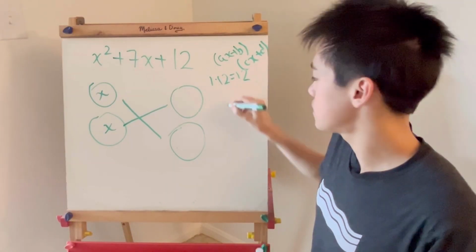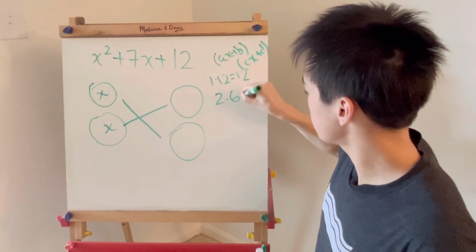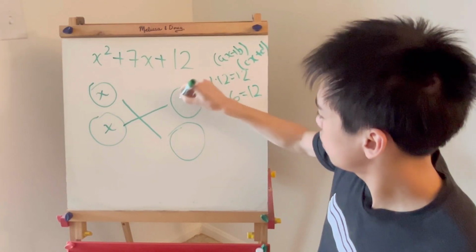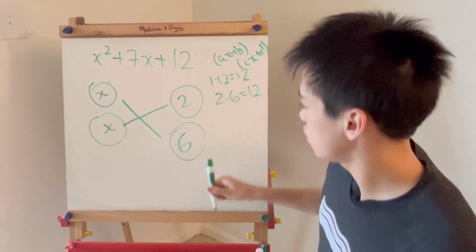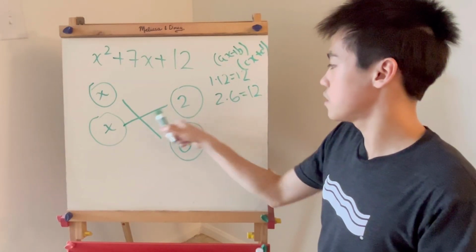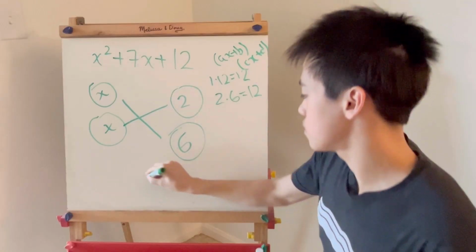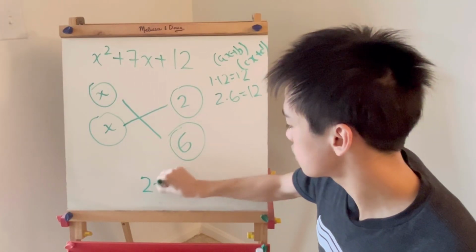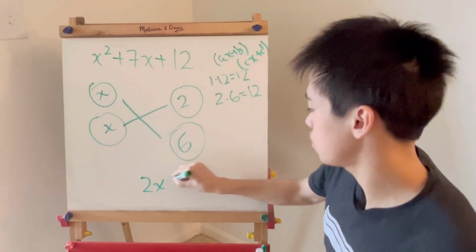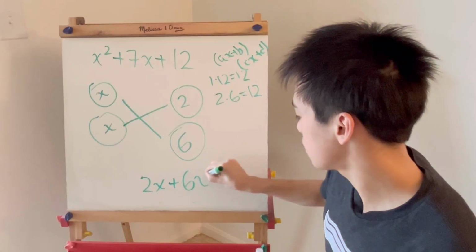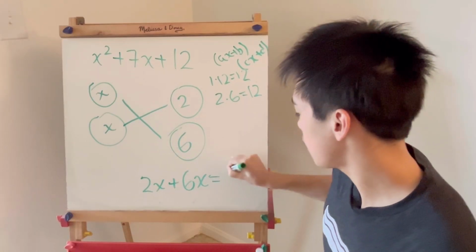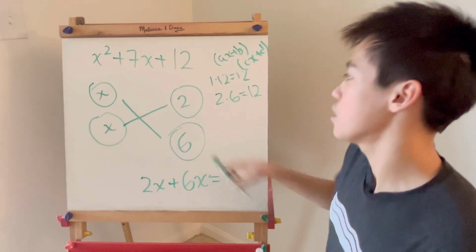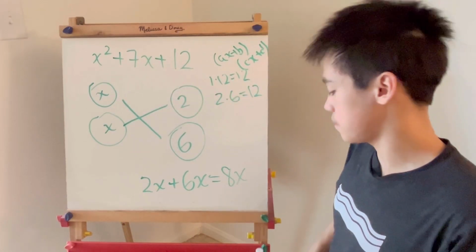Now let's try 2 and 6, which we know multiply to 12. The product along this diagonal is 2x, and the product along this diagonal is 6x. Their sum is going to be 8x, which we know is not 7, so we've got to try again.